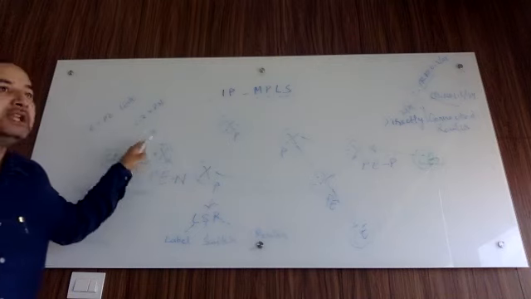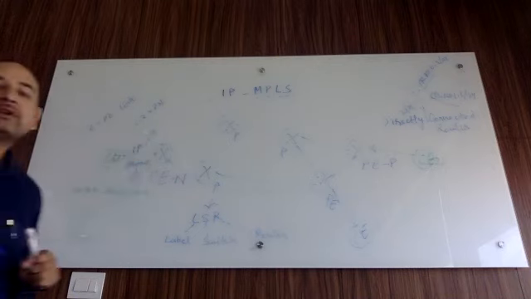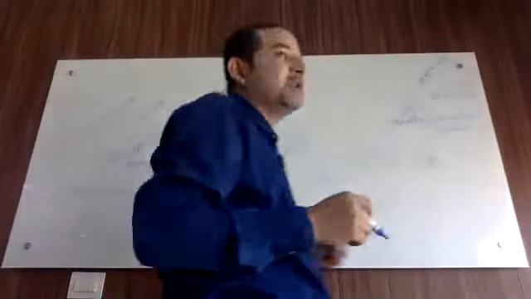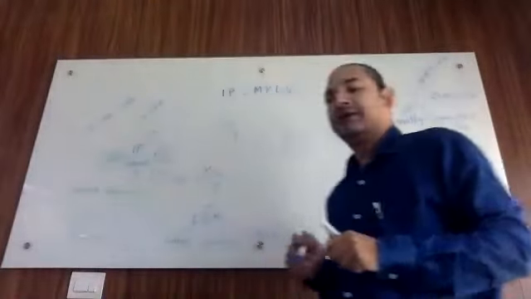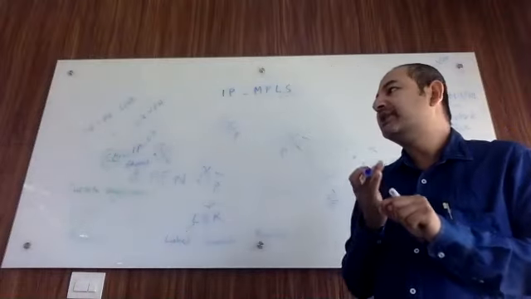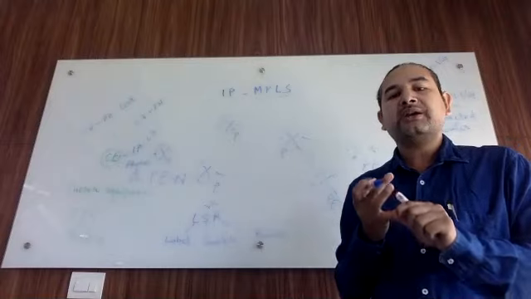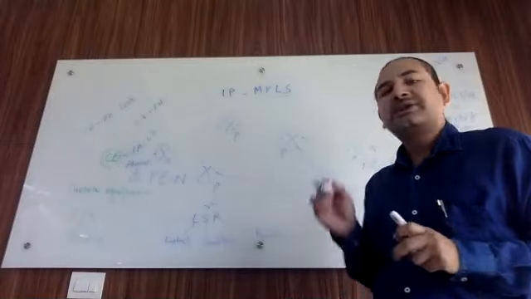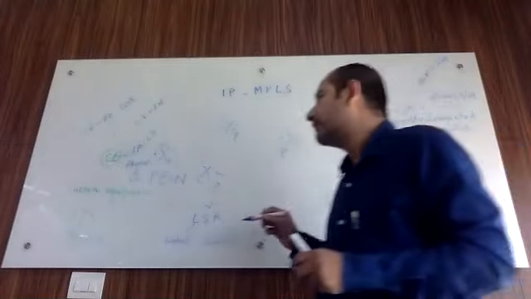If it is layer 3, then you might have some routing protocols running between CE-PE. It could be BGP, OSPF, static routing, or RIP. That is called the CE-PE routing protocol.